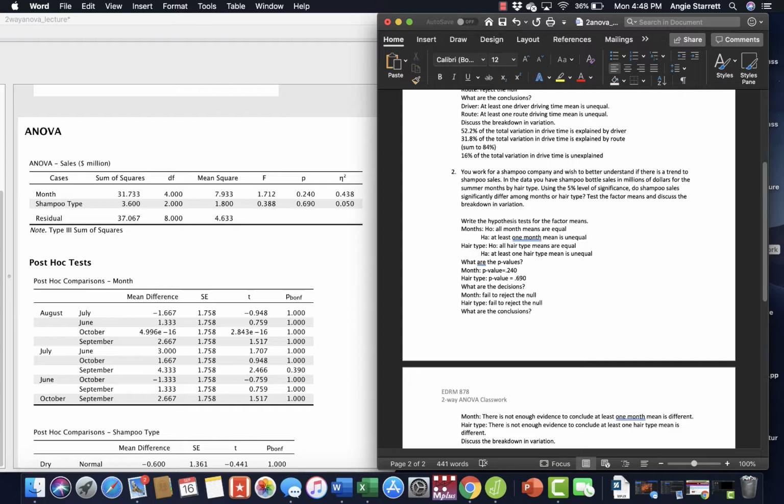Okay, let's put this in layman's terms. In other words, shampoo sales don't significantly differ across months, and shampoo sales do not significantly differ across hair type. Does this make sense to you?